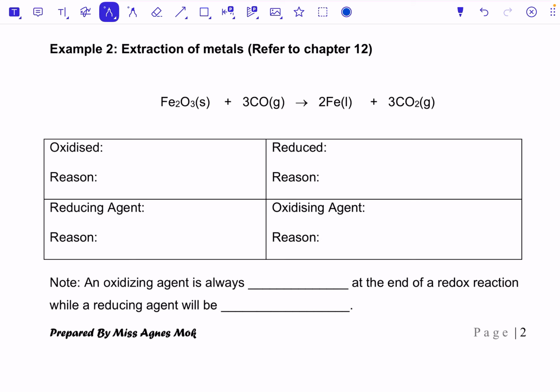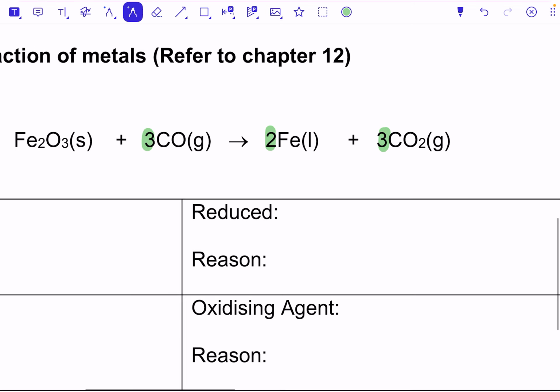Okay, so we have Fe2O3, plus 3CO, then you get 2Fe and 3CO2. Before you begin, can I just highlight something? I want to show you this. Do you realize this equation has some coefficients which we added to balance the equation? I have a piece of fantastic news for you.